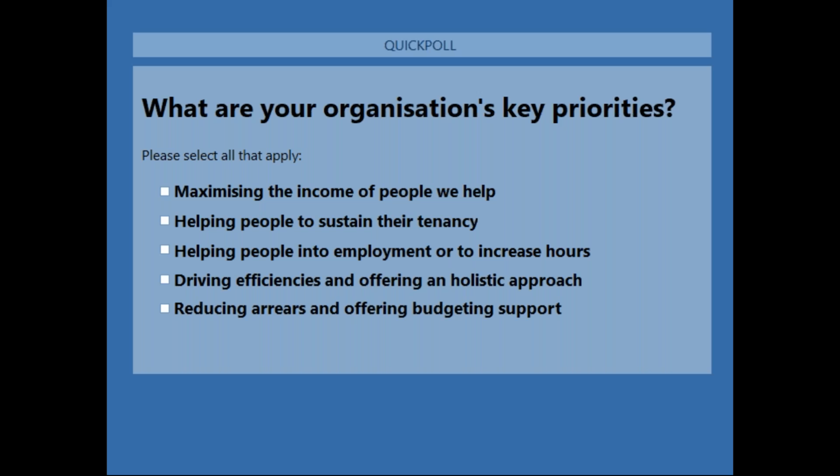Number 3, helping people into employment to increase their financial resilience. Number 4, driving efficiencies and offering a holistic approach. And number 5, reducing arrears and offering budgeting support. If you can give your answers to the questions.